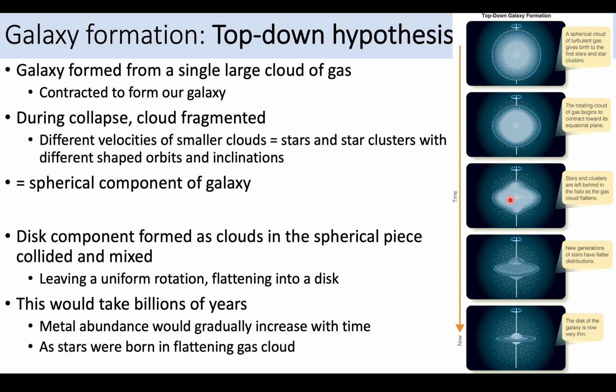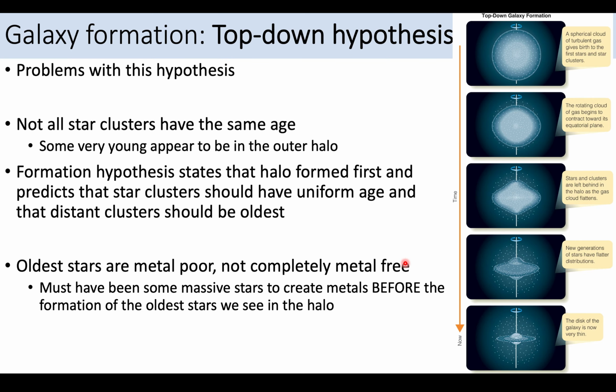So as we're contracting, as things are combining, colliding, mixing, we would have star formation in that flattening cloud of gas. So that's the top-down hypothesis. There are some issues with it. The main ones being that not all star clusters have the same age.